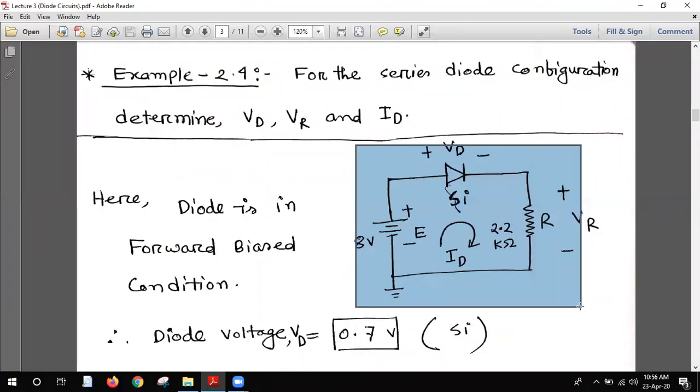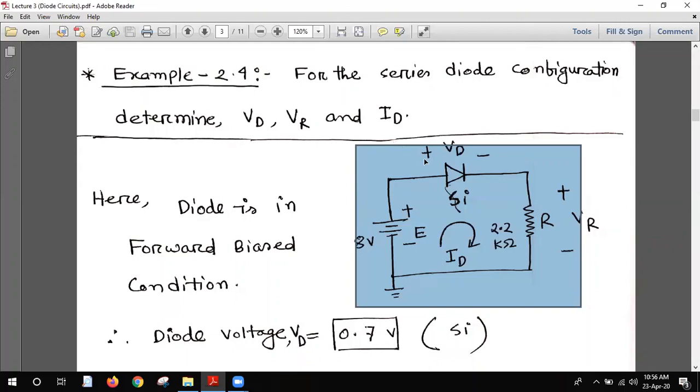Everything is given. The voltage source is 8 volt, the resistance is 2.2 kilo ohm, and a silicon diode is given. For this configuration, we need to find the value of VD.